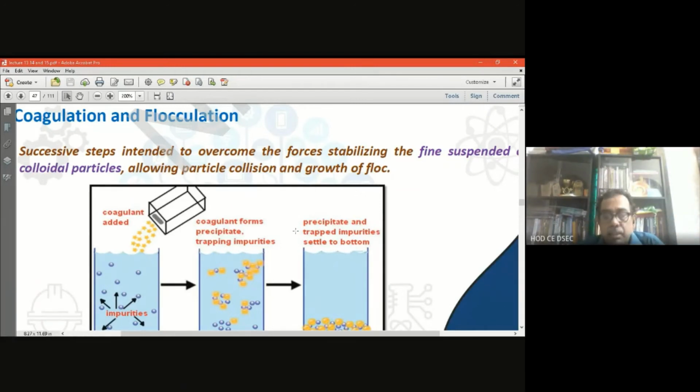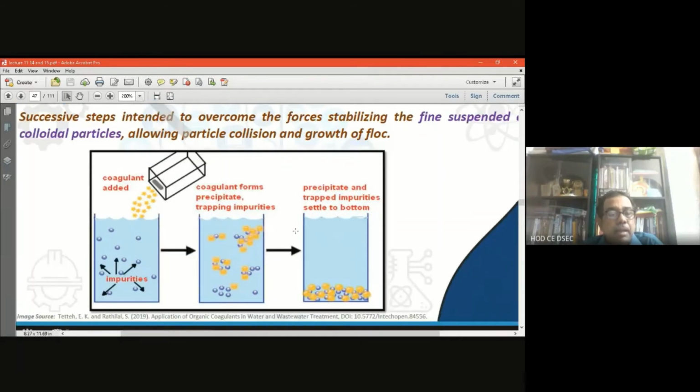Now, in the schematic diagram, I am trying to explain that coagulant means some chemical. You see the chemical is being added, coagulant dosage added. And in the beaker, some water impurities are seen. Second, the coagulants form precipitate trapping the impurities. The coagulant itself precipitates, trapping the impurities.